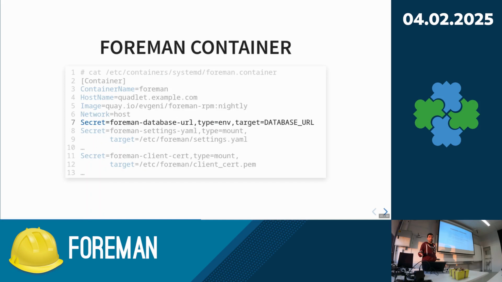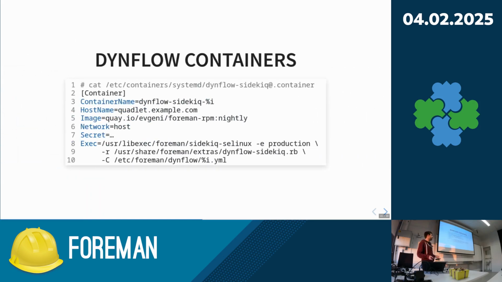So, as mentioned earlier, Dynflow is also a Rails thing. So we can go and define Dynflow containers, and we can use the knowledge we have from systemd again, which is nice.